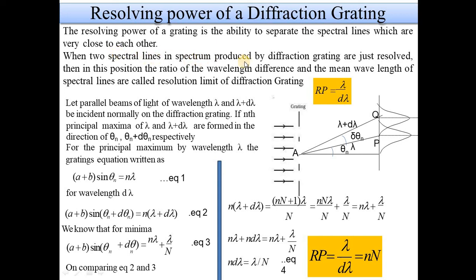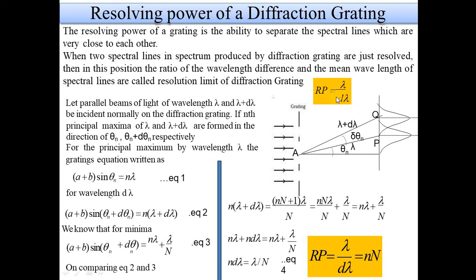When two spectral lines in the spectrum produced by the diffraction grating are just resolved, the ratio of the mean wavelength of the spectral line to the wavelength difference is called the resolving power of the diffraction grating. So Rp is lambda by d lambda.